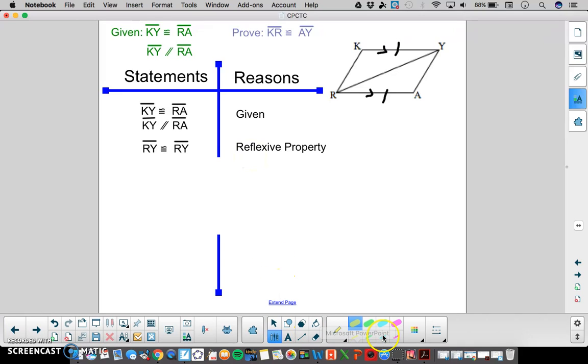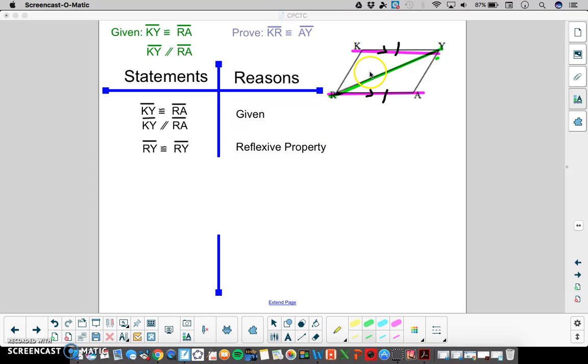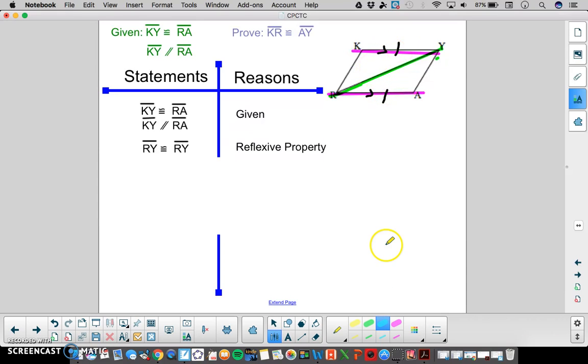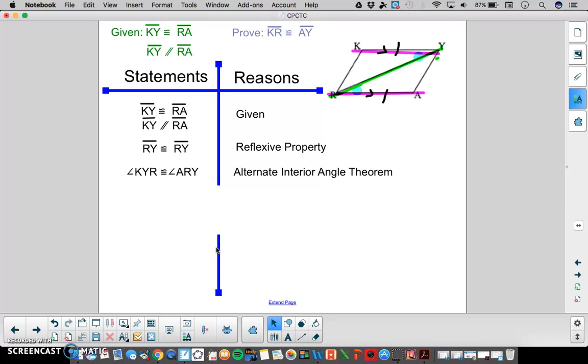Now the parallel lines in this picture are KY and RA, and then we have the transversal RY. Having those parallel lines and transversals actually give us some angles that are congruent. We have those alternate interior angles KYR and ARY that are congruent by the alternate interior angle theorem.